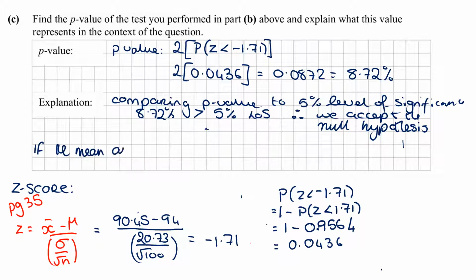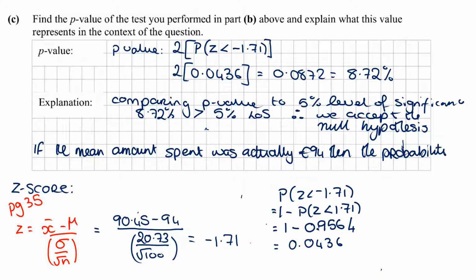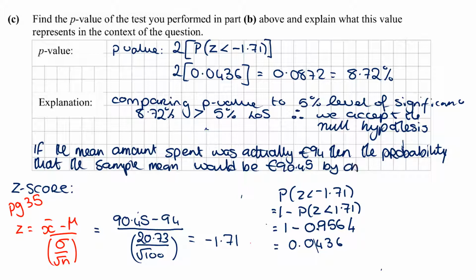If the mean amount spent was actually or really €94, then the probability that the sample mean, remember our X bar, will be 90.45 by chance is 8.72%.